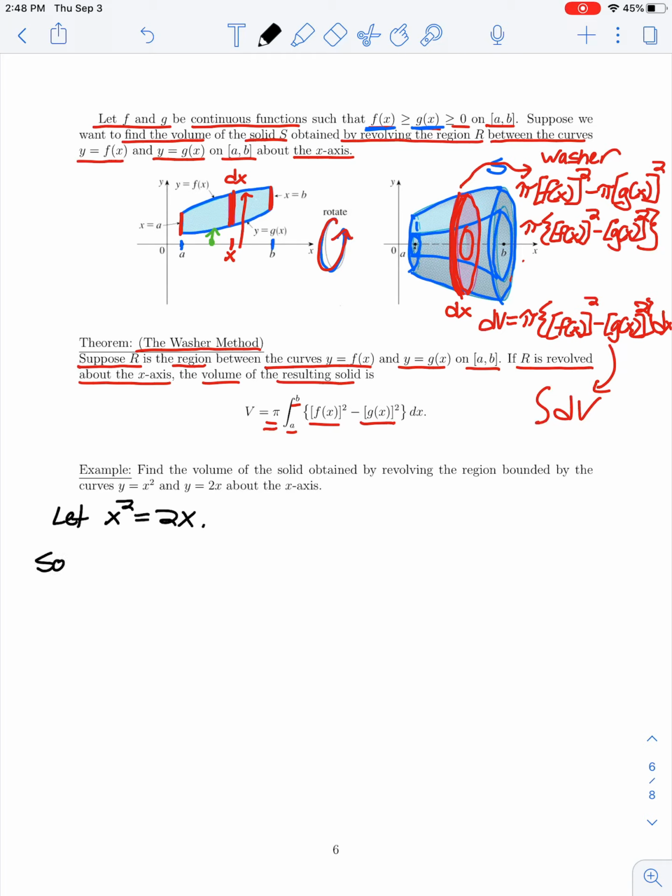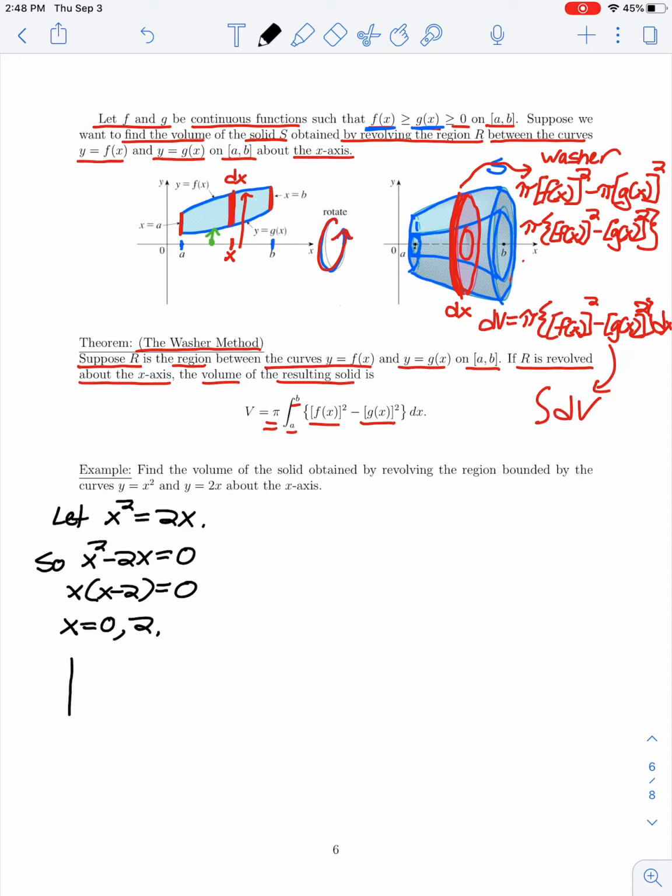And it follows that x squared minus 2x is equal to 0. Or if I factor out an x, I'm left with x times x minus 2 is 0. So x is equal to 0 or 2. So the x coordinates for my points of intersection are 0 and 2.